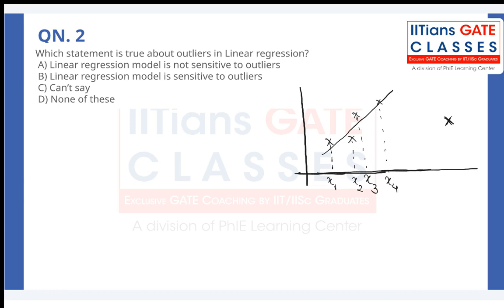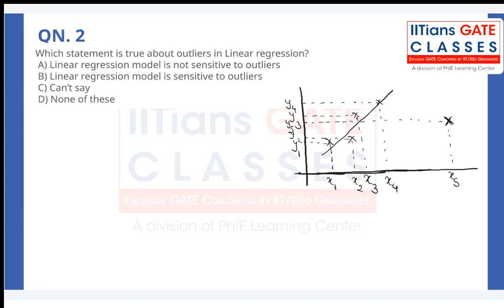Correspondingly, they have their y1, y2, y3, and y4. And let's say this point here, x5, has its corresponding y5. Now, if you see this, x5, y5 is very off. It doesn't depict the correct relation to the data.